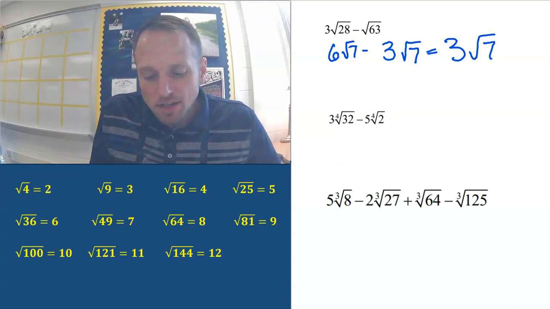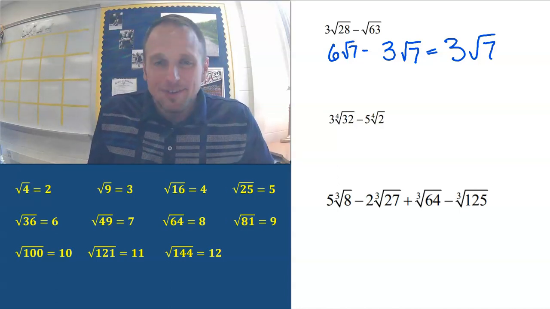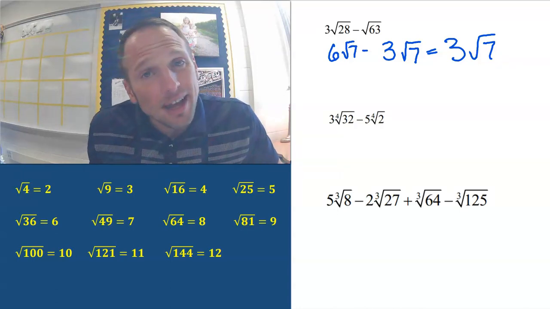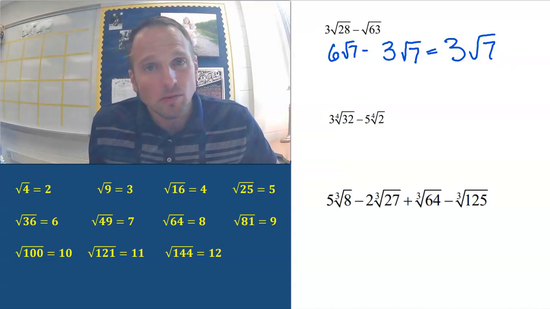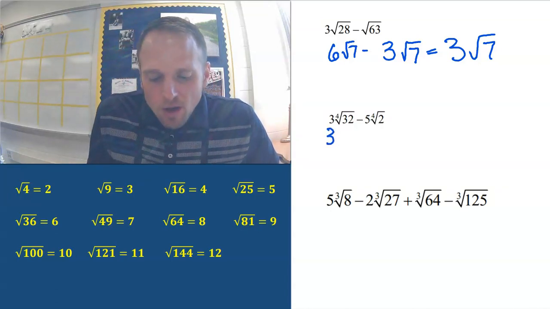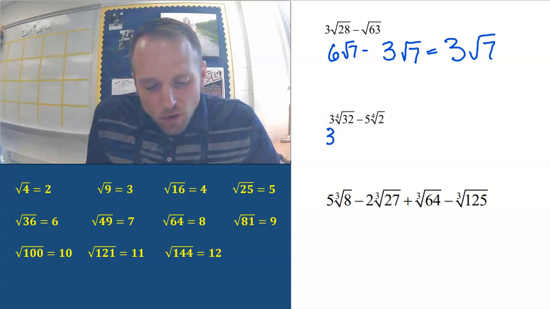Okay, let's look at these next ones. This next one is not an easy problem. Again, it seems like these are not like terms, but can we make them like terms? What's the fourth root of 32?